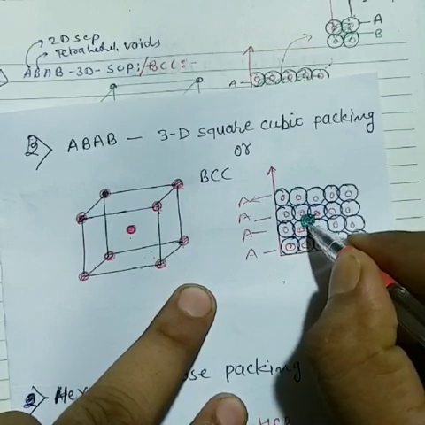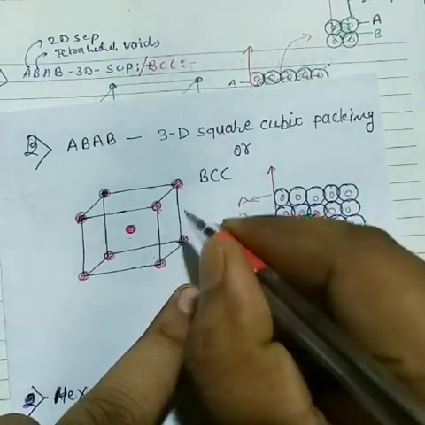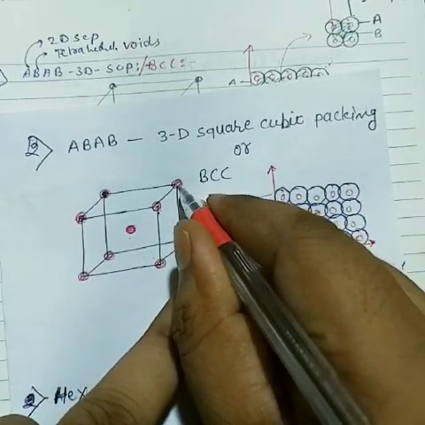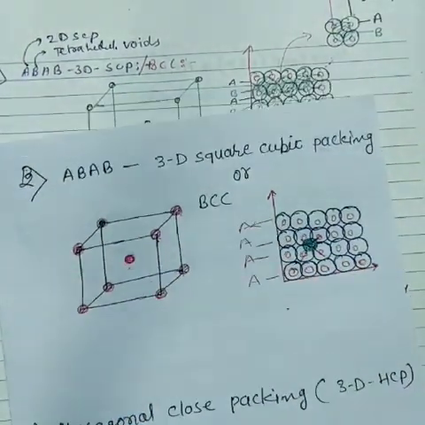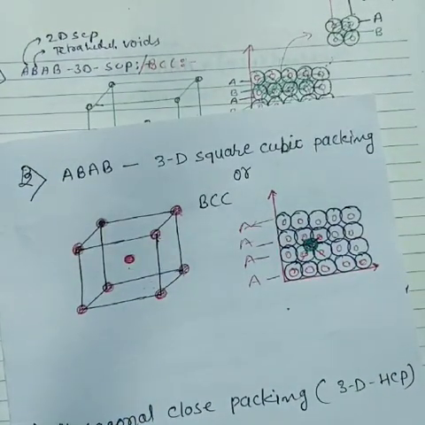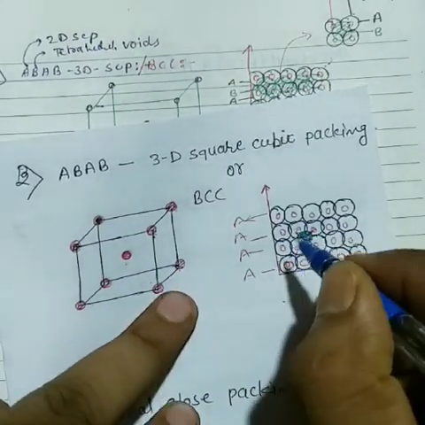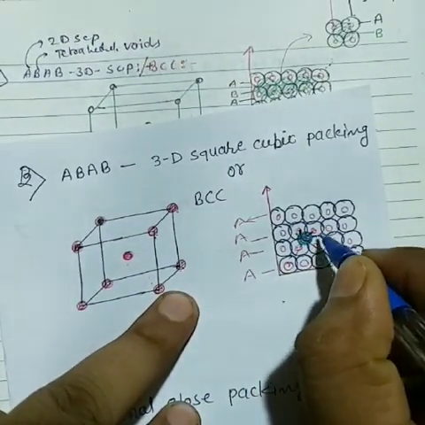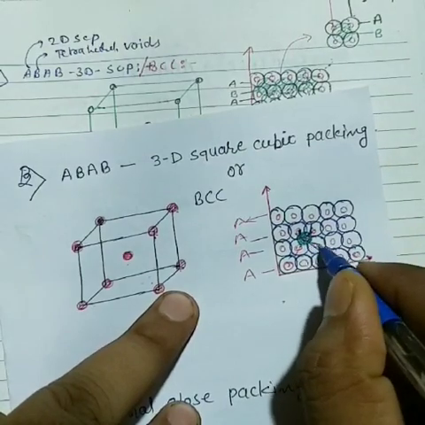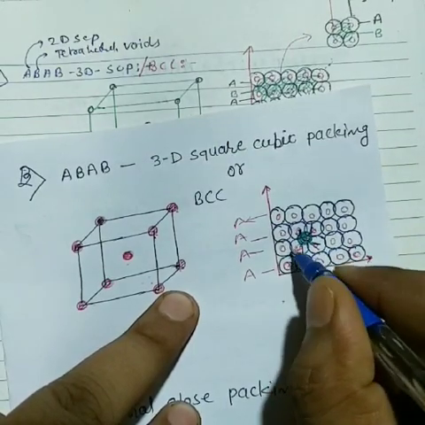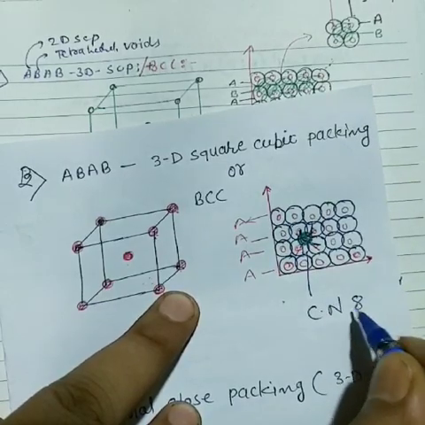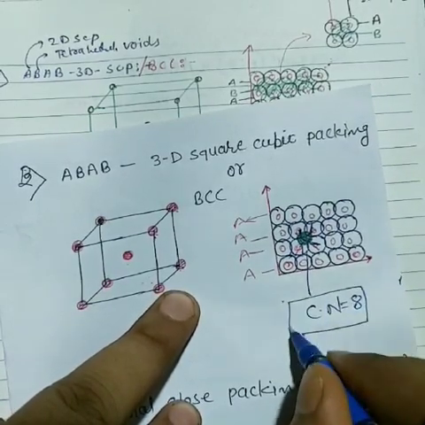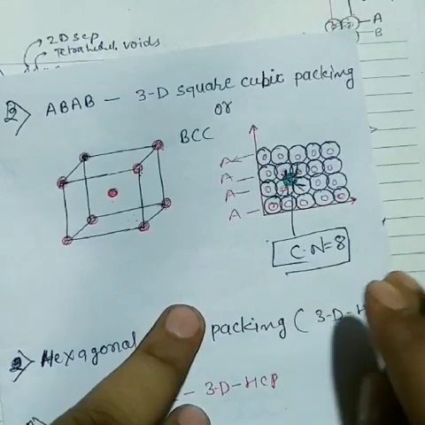One, two, three, four, in the below phase, and the front face also, that means red: one, two, three, four. So how many atoms are there, students? So the coordination number is 8. It is very simple, it just depends on the power of imagination.